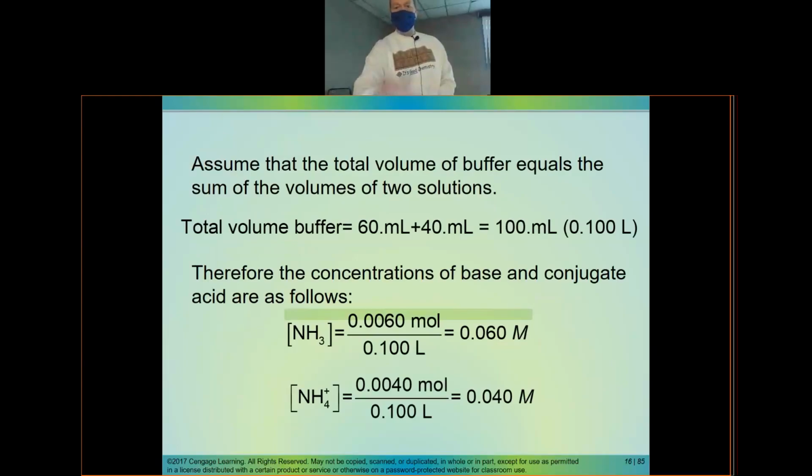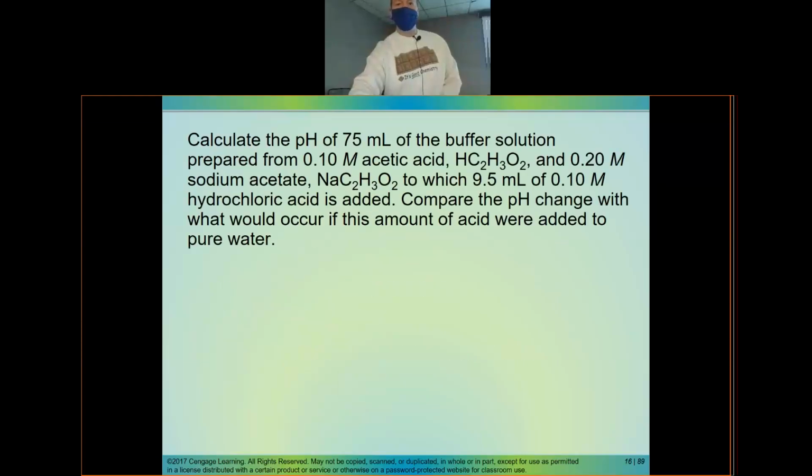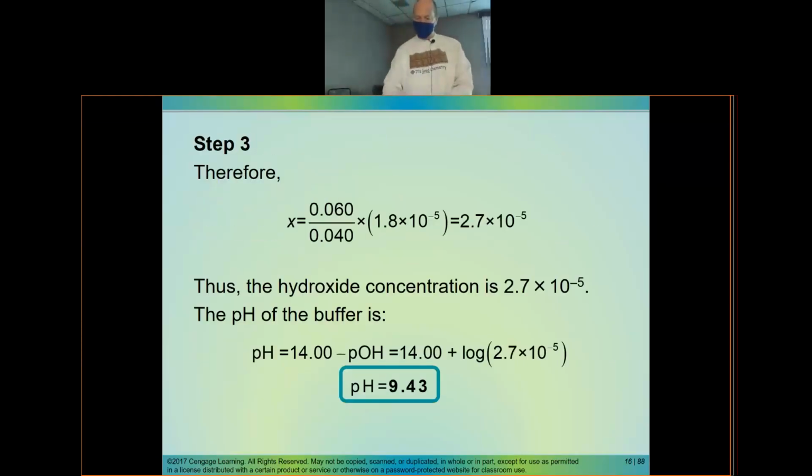All right, so notice that we had a buffer that had a pH that was high and a buffer that had a pH that was low. So let's go back to our acetic acid. With acetic acid, we had a Ka value of 1.7 times 10 to the minus 5.